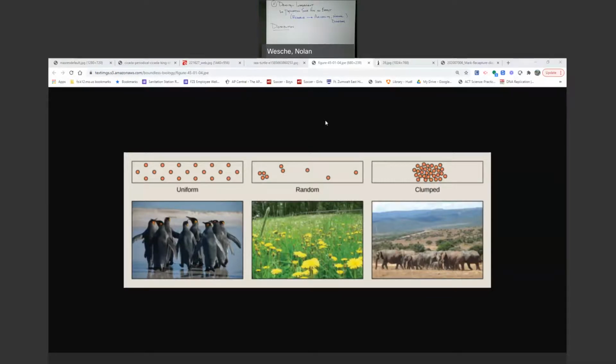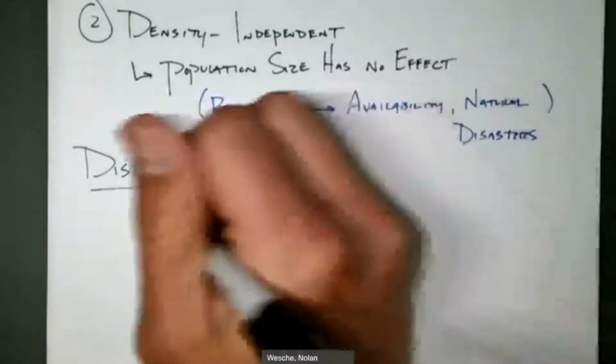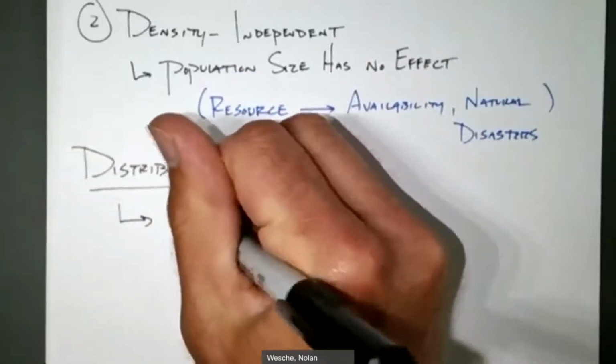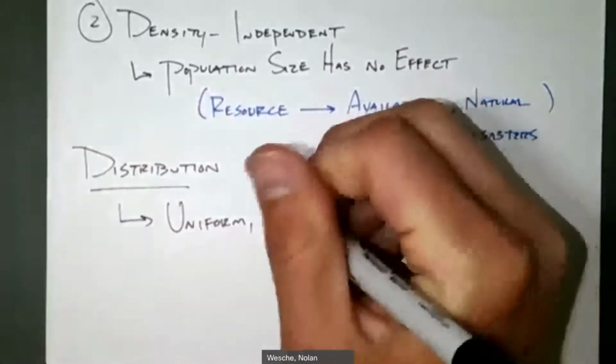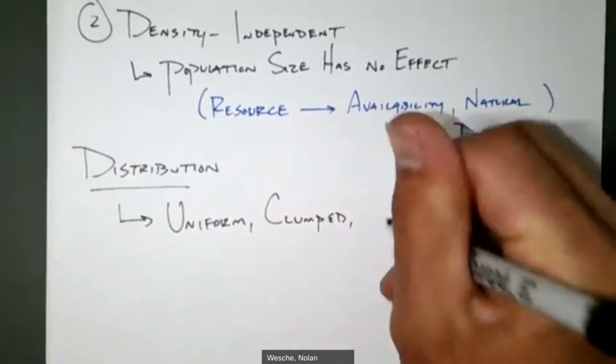So let's go ahead and just make a note of this. So again, you're talking distribution could be uniform, can be clumped, or random.